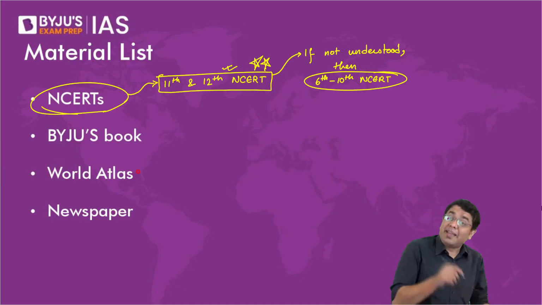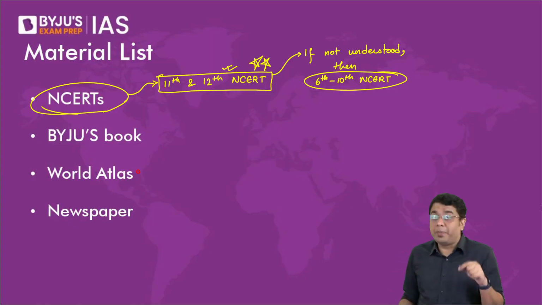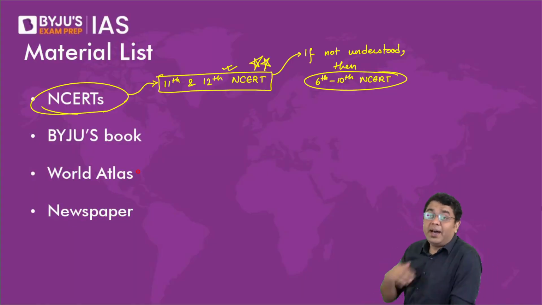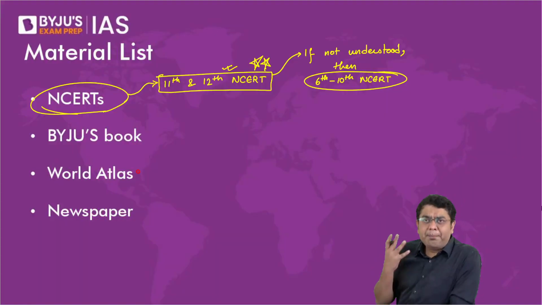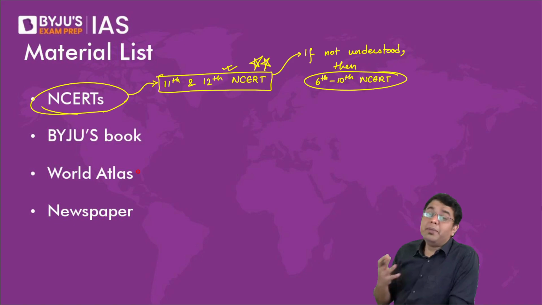So Atlas has to be linked with the portion of current affairs. If you look at the questions asked by UPSC even this year also, UPSC did ask questions about, for example, the location of the nations surrounding Ukraine. That was very much associated with the portion of current affairs.